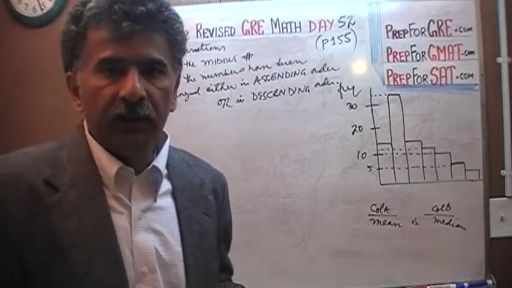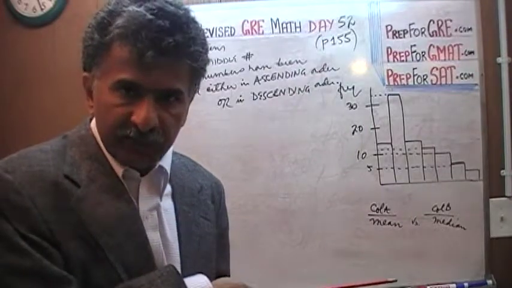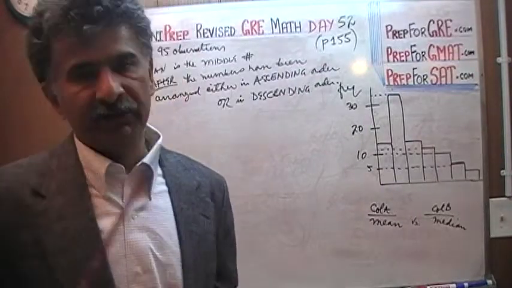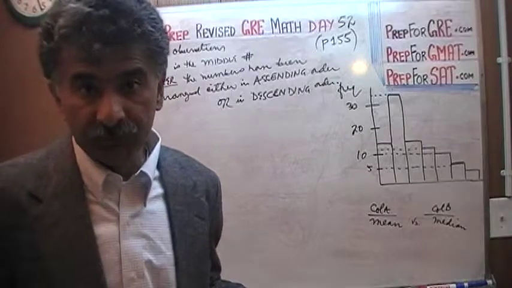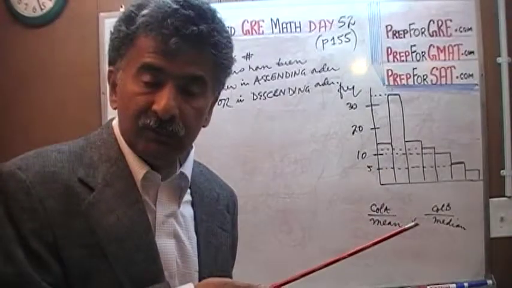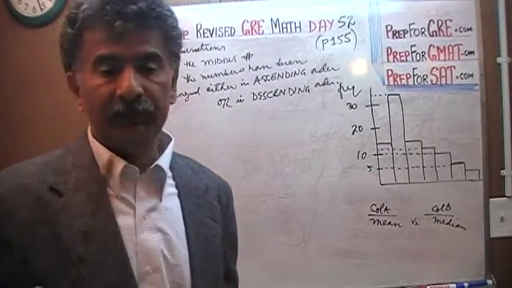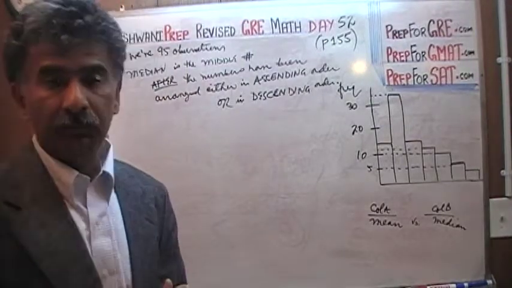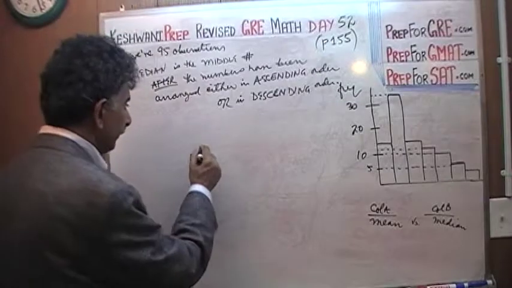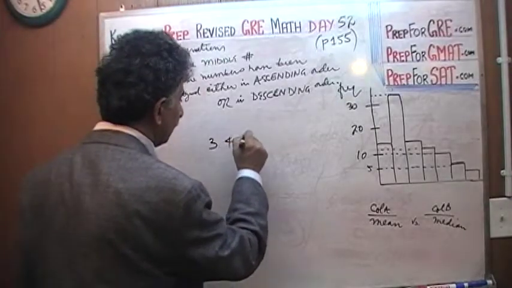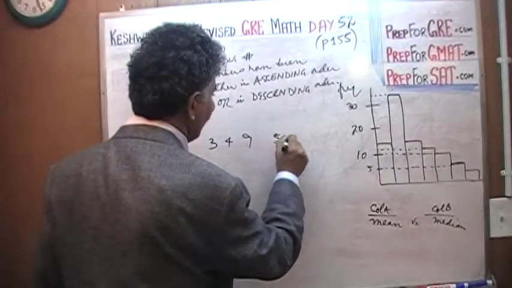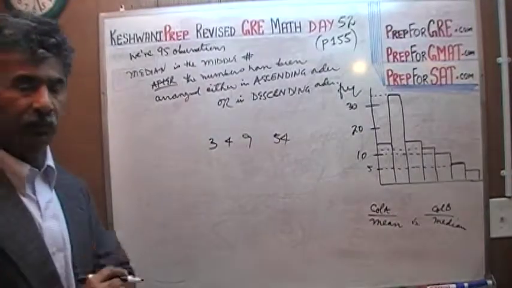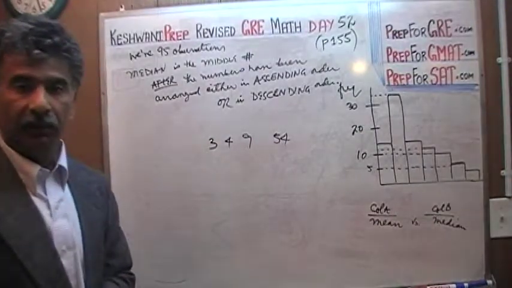And for a number to fall in the middle, you have to have an equal number of observations on the left hand side of it and the right hand side of it. For example, if you have 11 observations, 5 numbers are going to be to the left of the median, 5 numbers to the right. On the other hand, if we have an even number of numbers, listen carefully.